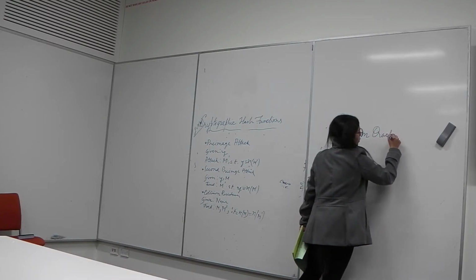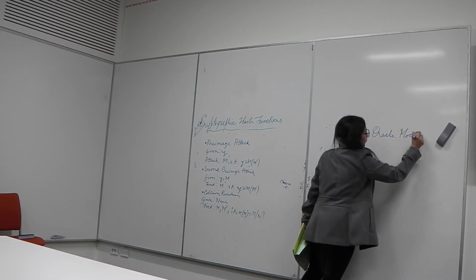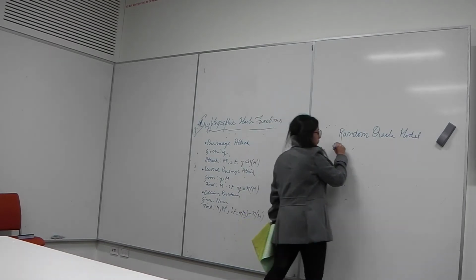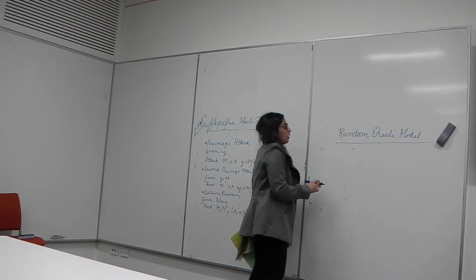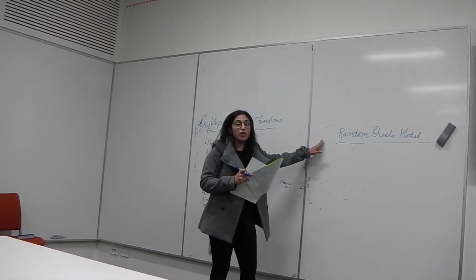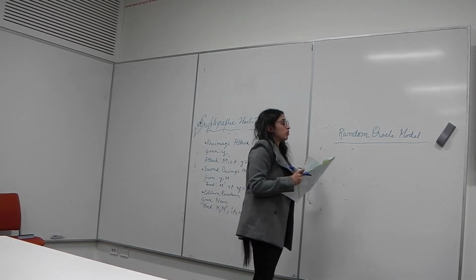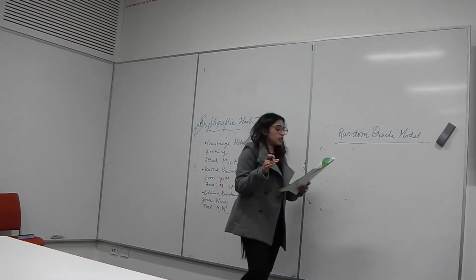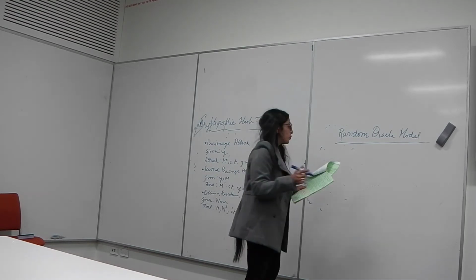Random oracle model. A hash function, this is an ideal mathematical model. If you want to construct a cryptographic hash function based on this model, it should have the following properties.